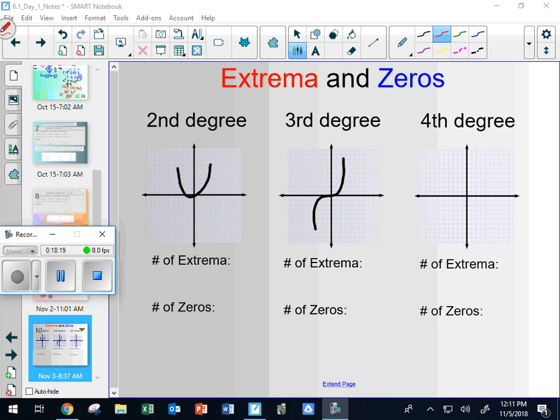So for example, for second degree, how many zeros can you have? You can have 2. Can you have 1? If you drew a parabola like this that just touches once, you can have 1. Can you have 0? You could. You have a parabola like this. So you can have 0, 1, or 2 roots.